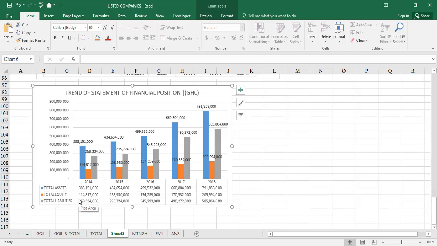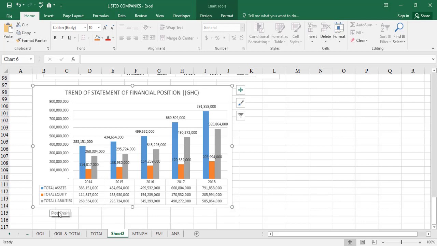Now if you look at the company's total equity, which belongs to shareholders of the company, that is the stated capital plus other reserves, you realize that the company has added about 100 million Ghana cedis to their equity, from 114.8 million Ghana cedis in 2014 through to 205.9 million Ghana cedis, or 206 million Ghana cedis.